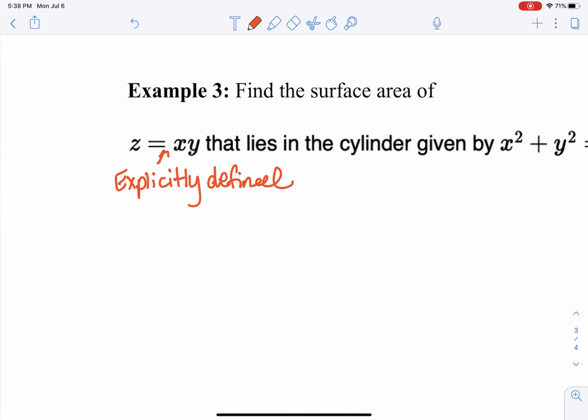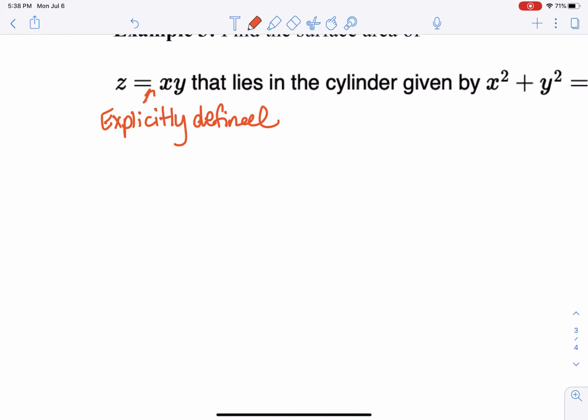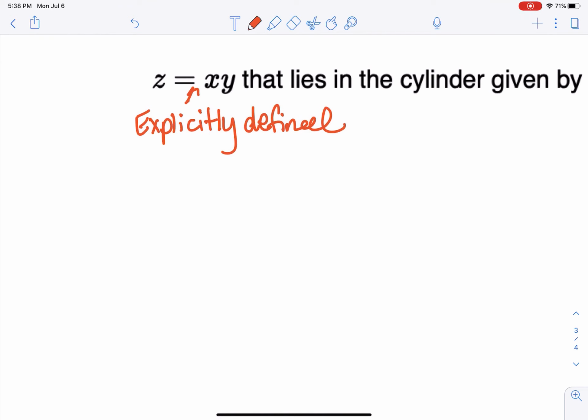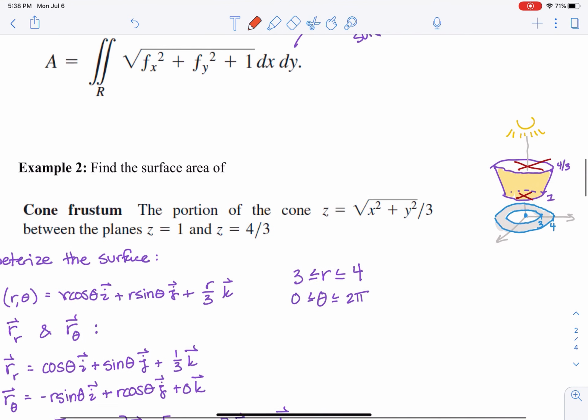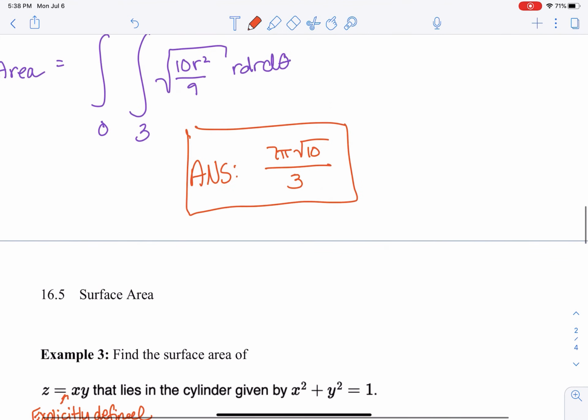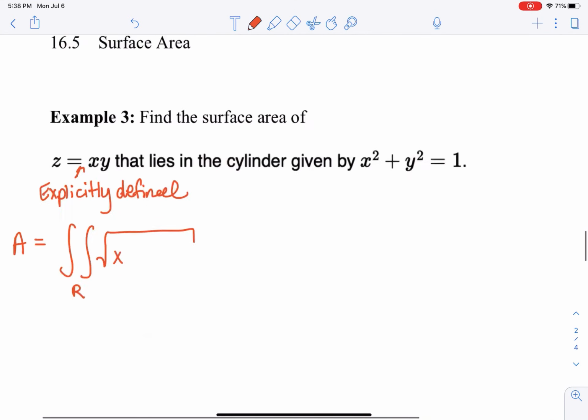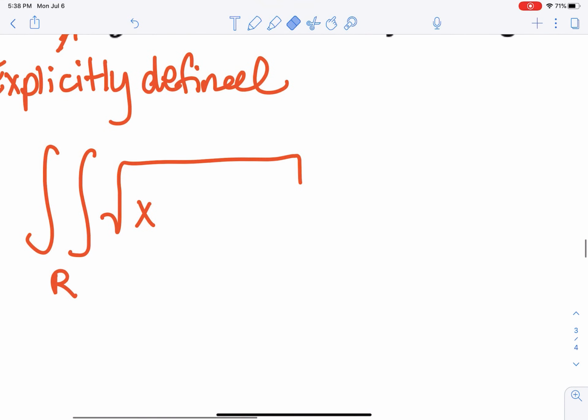And so the area is equal to the double integral over the region of integration, where it's the x partial derivative squared plus the y partial derivative squared plus 1.